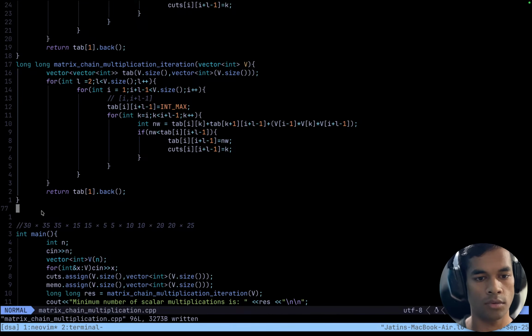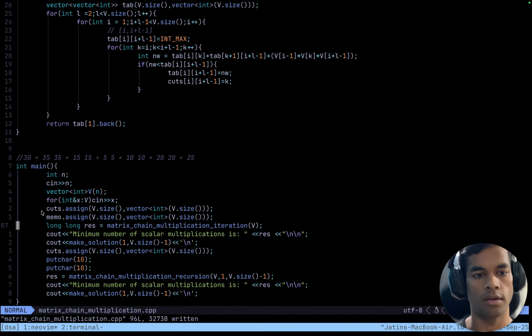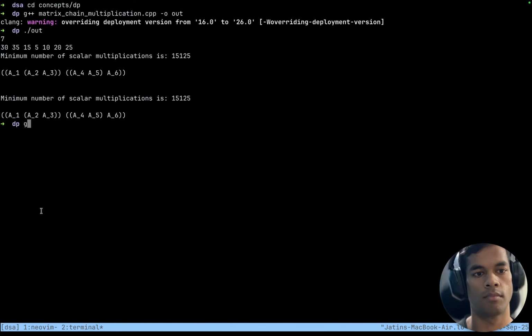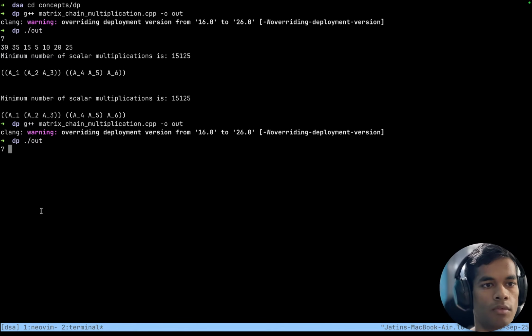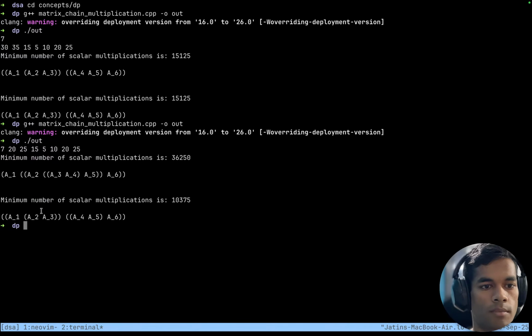Let's go down here when we are calling the iteration function, and let's call the max variant. Okay, it does compile, that is cool. And we have 7 things, which are 30, 35, 15, 5, 10, 20, 25.